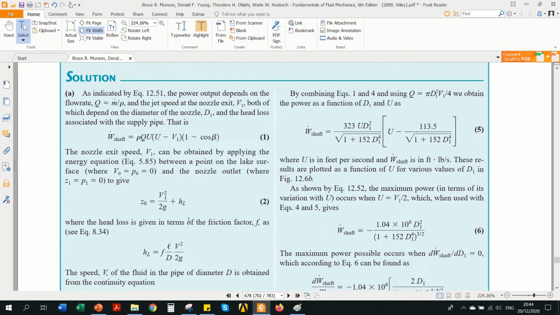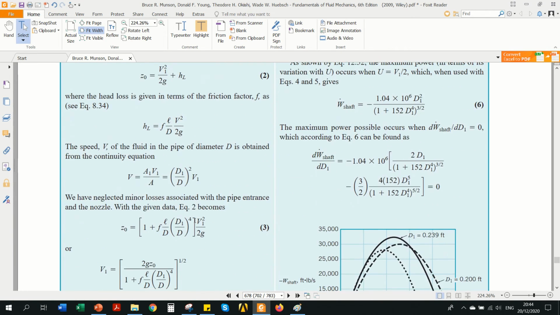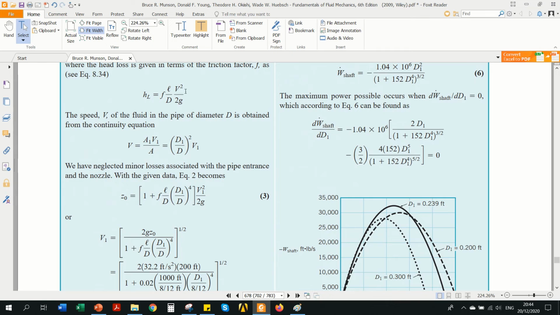The major head loss is represented with this term right here. We know from the viscous flow in pipes that we can also find a term for the velocity that is involved in the head losses, and the speed V of the fluid in the pipe of diameter D is obtained by applying the continuity equation on the fluid that runs inside the pipe and at point 1.